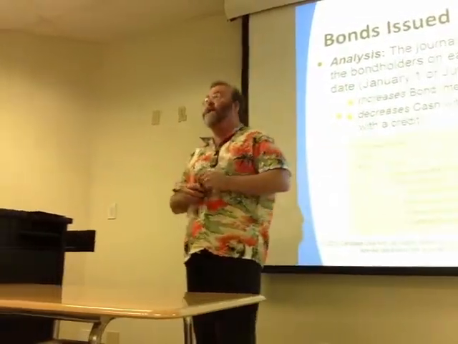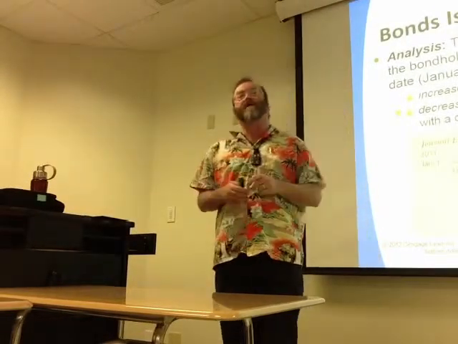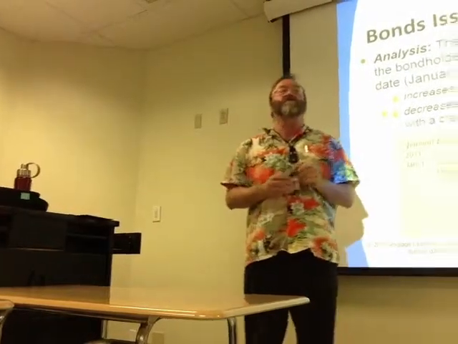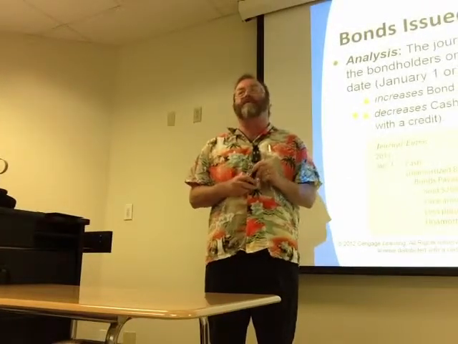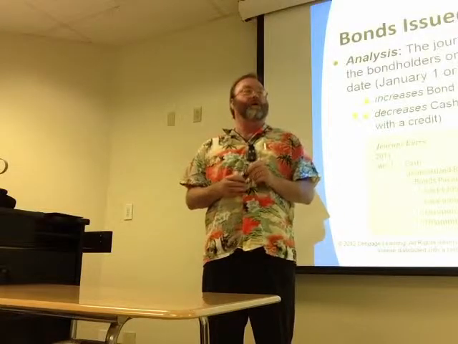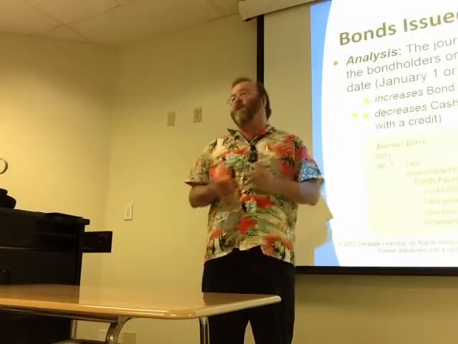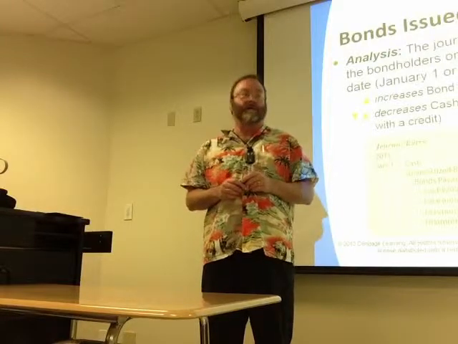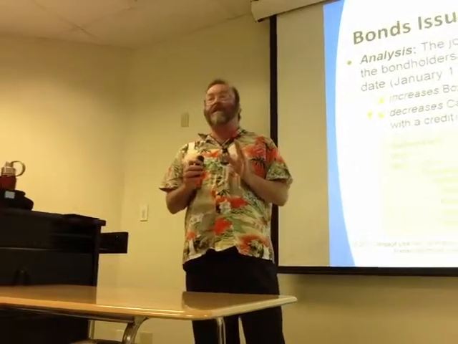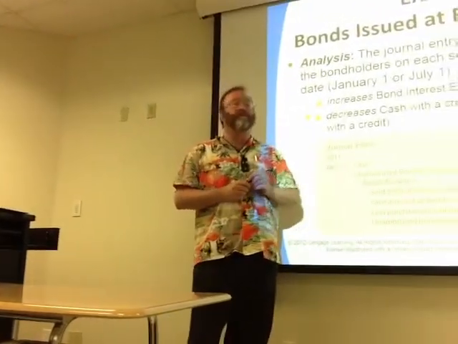It has a debit balance. So what does it mean here? What did the market want in comparison to the 9% that we're paying? They wanted more. They needed something more than the 9%. And so they got more by giving less up front.